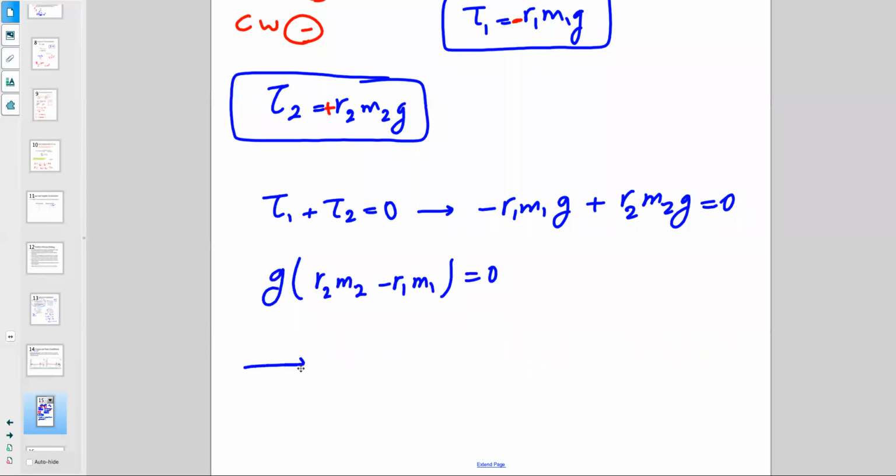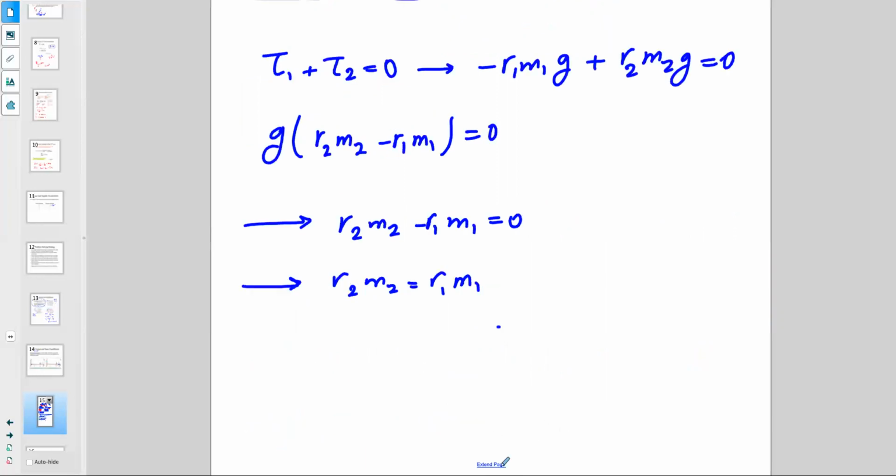This means that R2 M2 minus R1 M1 should be 0, and then R2 M2 should be equal to R1 M1.